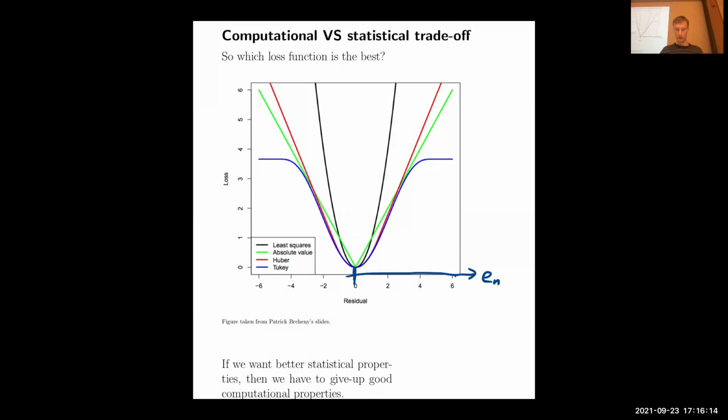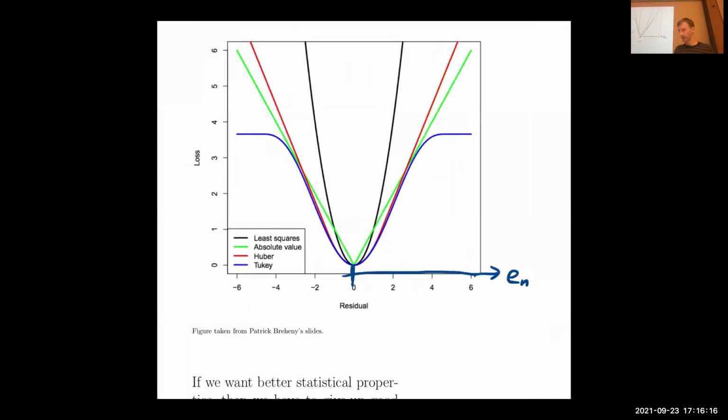Looking at the blue one, it has an interesting property: all of them are 0 at 0, and then they grow, and some keep growing and some then flatten out, like this blue one here.